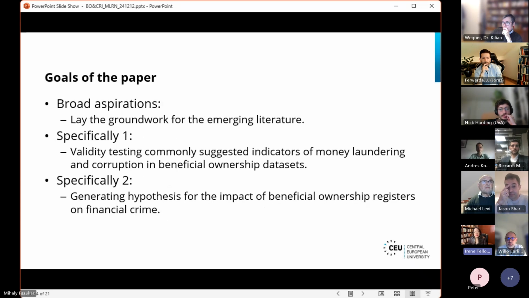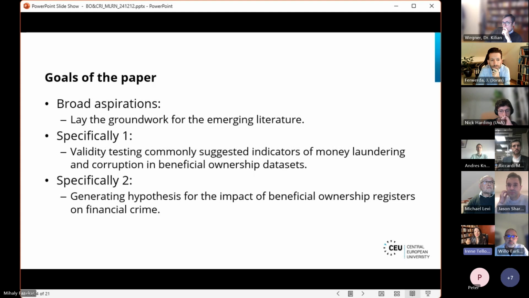So we wanted to analyze whether beneficial ownership data could actually be used for this. What we are doing is testing the validity, theoretically and empirically, of some common indicators of ownership risks. Basically, we analyzed the literature on what certain ownership risks are regarding our definition of corruption, some cases of corruption that have been tested, and what experts say are the risk indicators that we should be looking at.